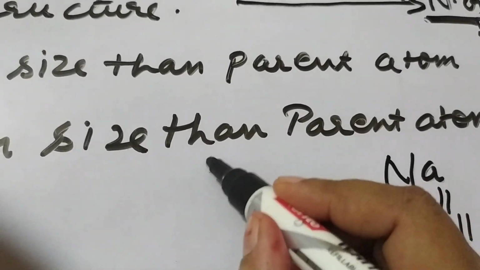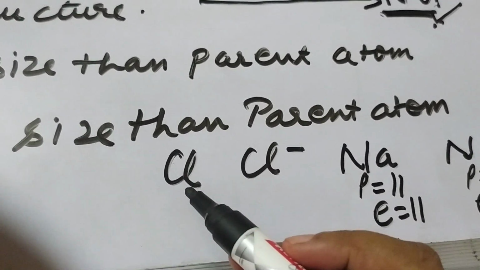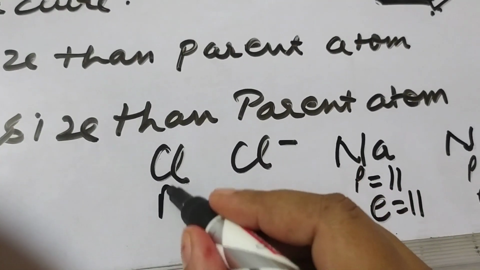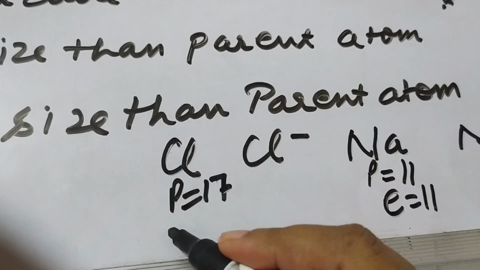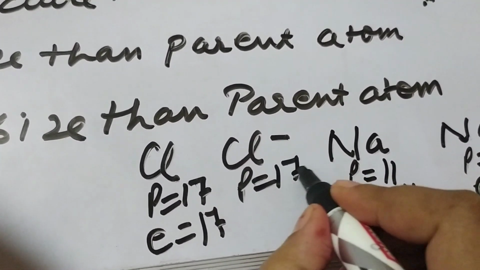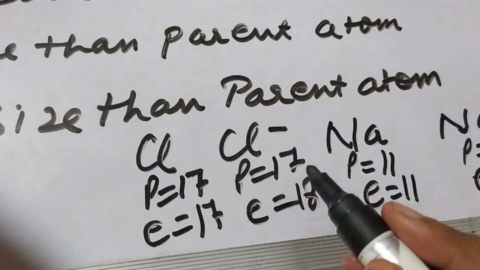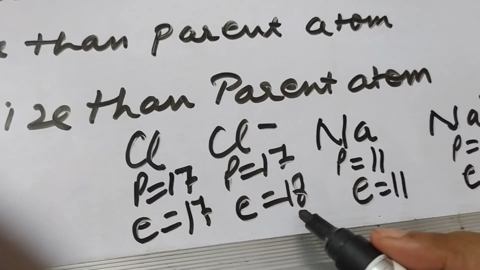In case of anion, suppose I am taking atom chlorine and the anion is Cl negative. It will have protons equal to 17 and electrons will also be 17. Here protons are 17 but electrons are 1 more, that is 18. So 17 can hold 17, and now here 17 are holding 18 electrons.